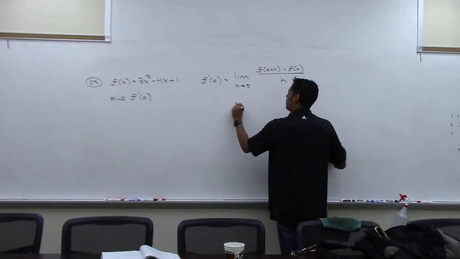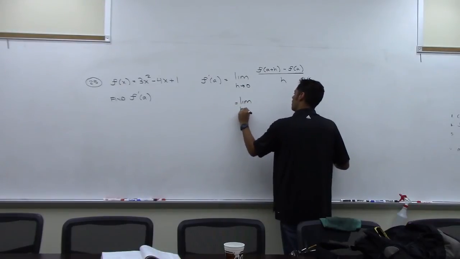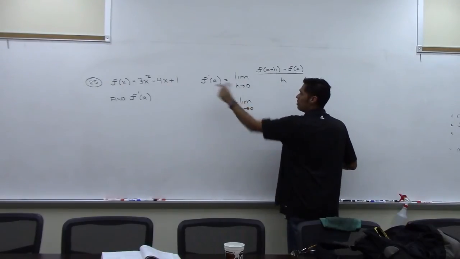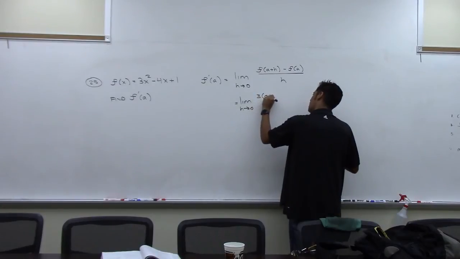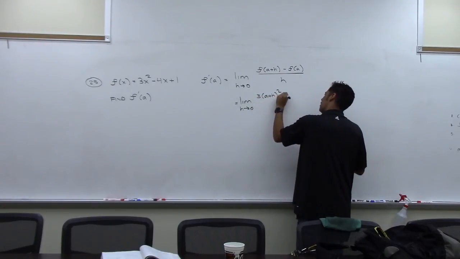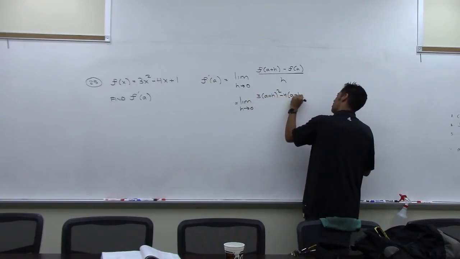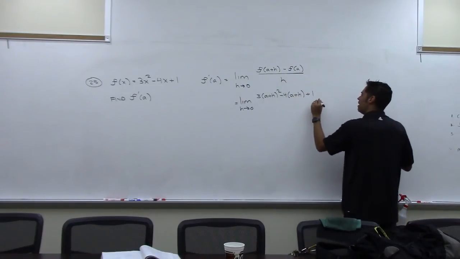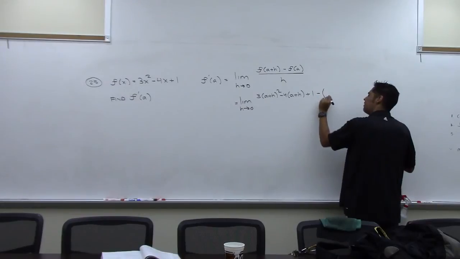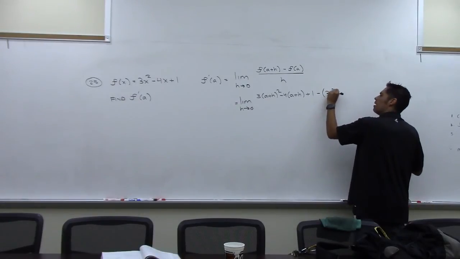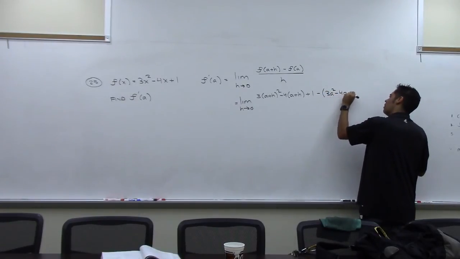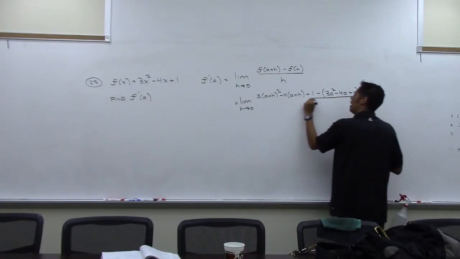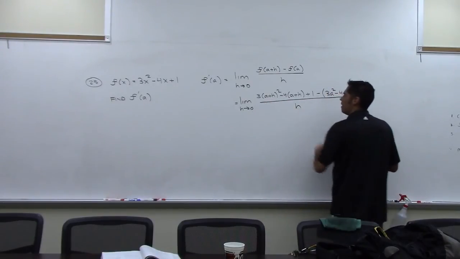If I plug a plus h into the function, I get 3 times a plus h squared minus 4 times a plus h plus 1. But then I have minus f of a, and then f of a would be 3a squared minus 4a plus 1. But then all of that just over h.